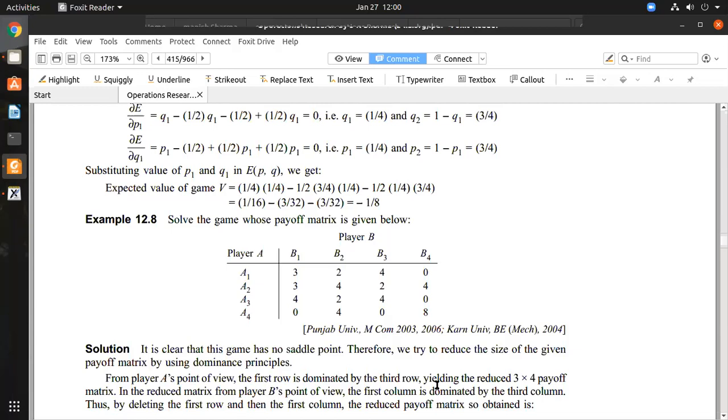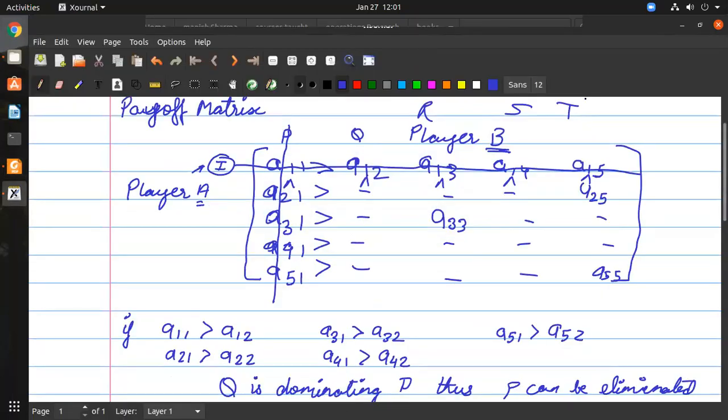Let me see if I can find anything in there. Okay, let us solve this problem. Then I think it will be good.